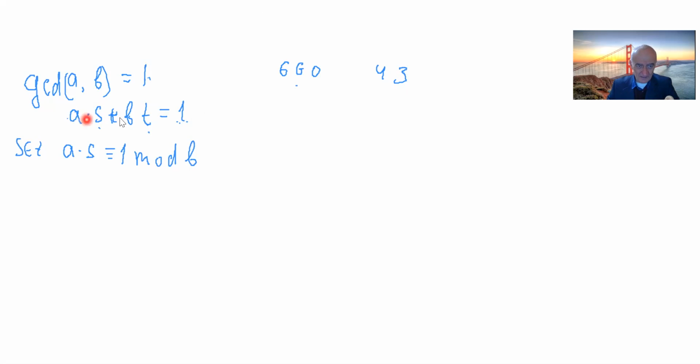Now, can I claim that there exists S from Z, the set of integers, such that A times S is congruent to 1 modulo B?